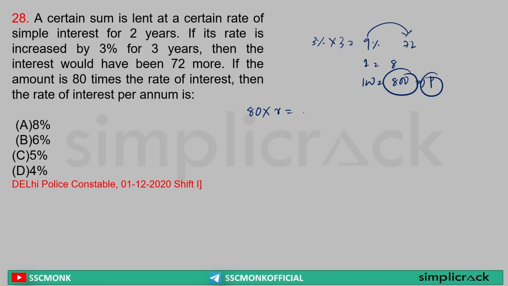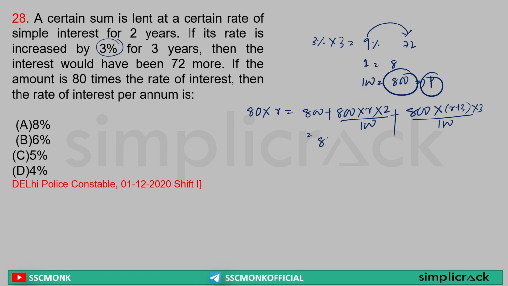So P, let's write directly 800 plus 800 into R into T by 100, plus, because there is another rate, that is 3% for 3 years. So here the first T will be 2, second T will be 800 into R plus 3 into 3 divided by 100.